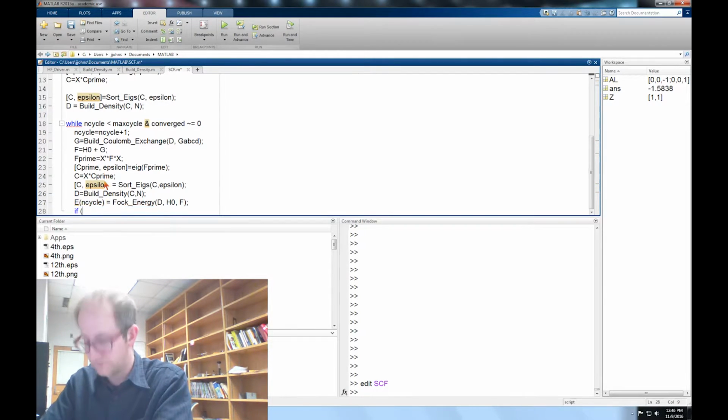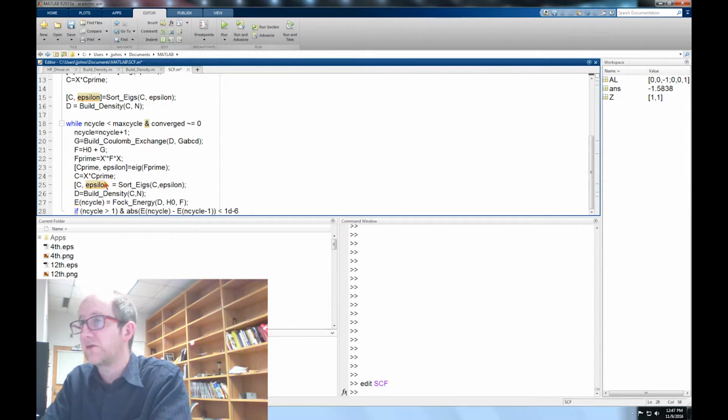So if in cycle is greater than 1 and the absolute value of E in cycle minus E in cycle minus 1 is less than 10 to the minus 6 Hartrees.